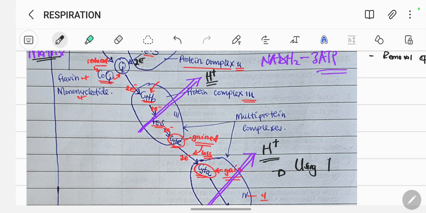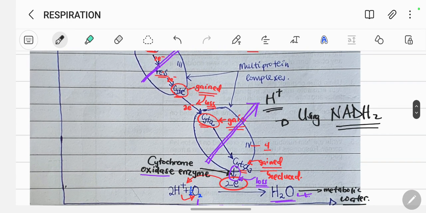So using NAD, using our reduced NAD, we pump 3 hydrogen atoms into the membrane space.